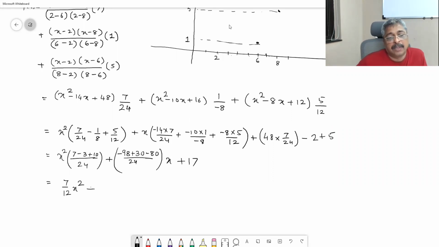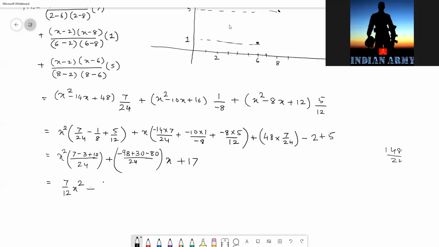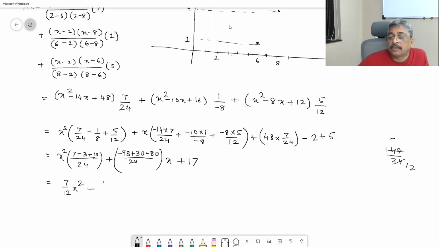Minus 98 plus 50 is 148 upon 24, 12, 6, 37 by 6 x plus 70.